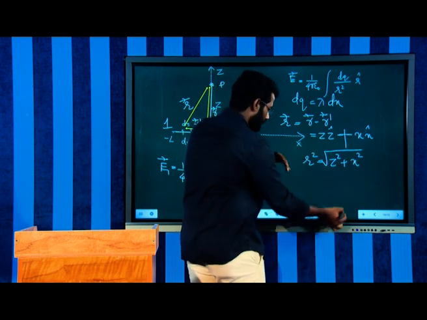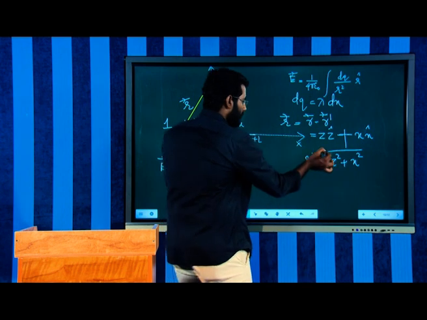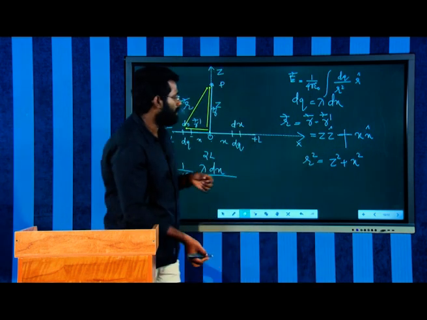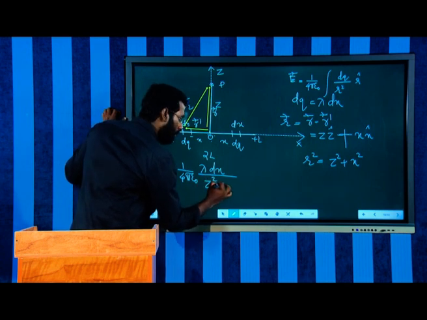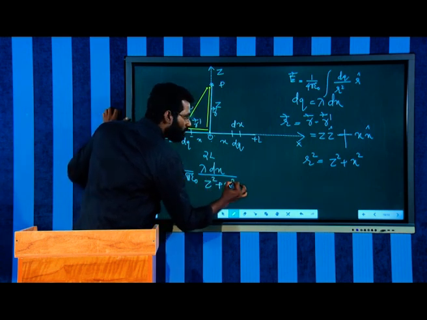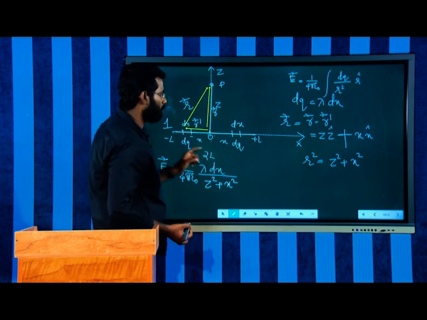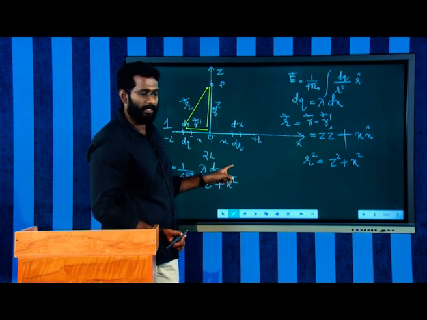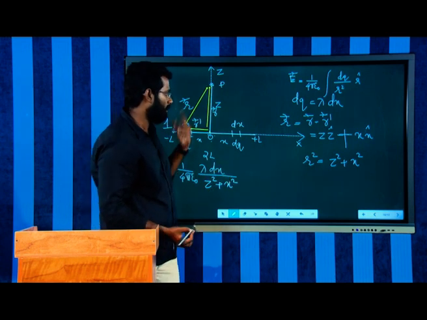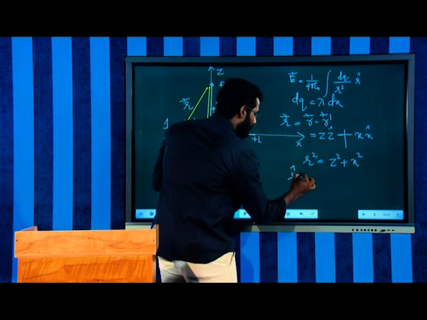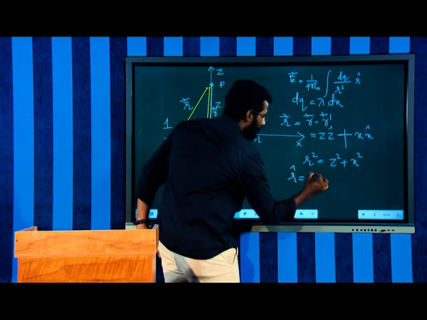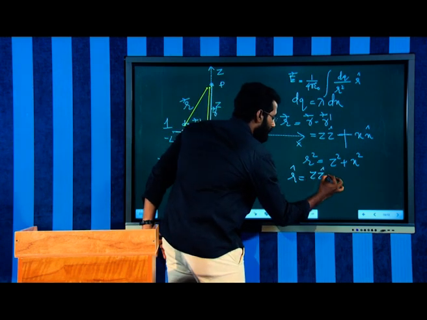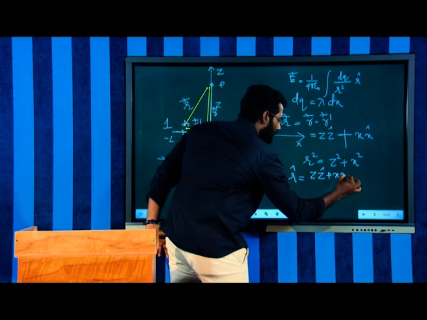So, this is r square only. Okay. Z square plus x square, we can substitute that here. So, this is z square plus x square, and into it we have to substitute r cap here. What do we do for r cap? We know that r cap is vector r divided by r. So, vector r is z cap plus x cap.